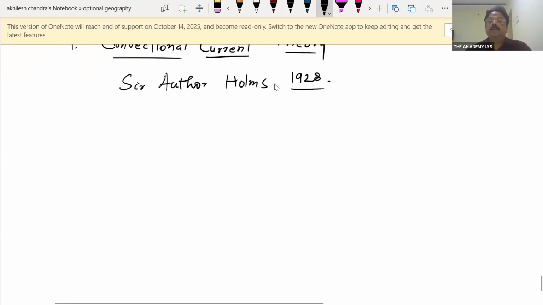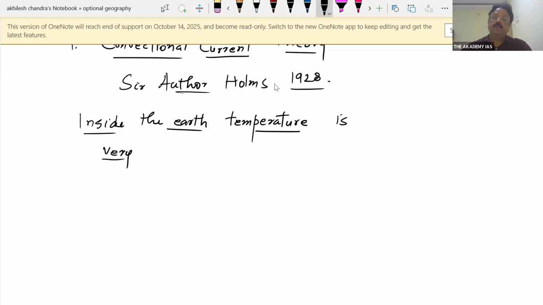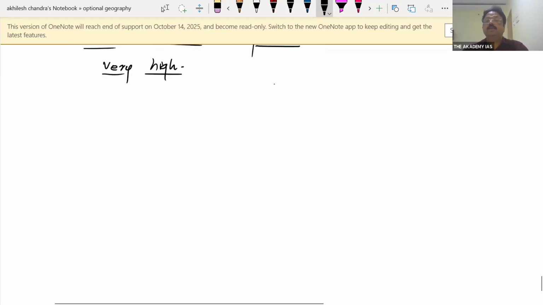So in the convectional current theory, Arthur Holmes concluded that inside the earth, temperature is very high, and there is a continuous rise of convectional current taking place.